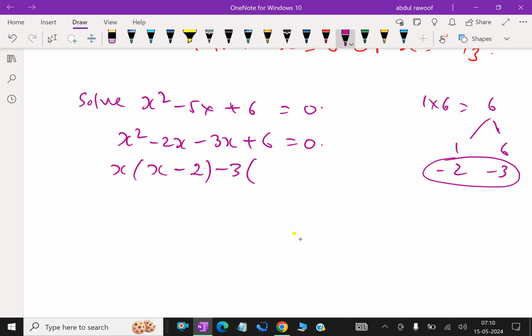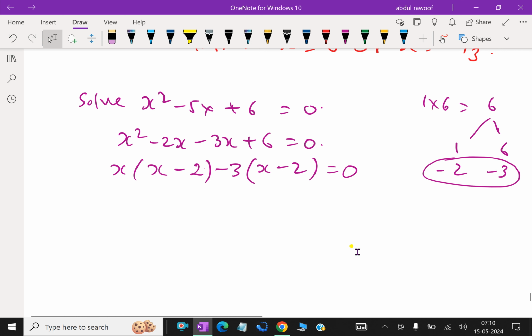So minus 3 taken out: minus 3 into x is minus 3x. Take note here: if you take out minus, the sign must be changed, so here plus 6 is there, since minus 3 times minus 2 is plus 6. Further, it becomes two terms: x into x minus 2 and minus 3 into x minus 2.